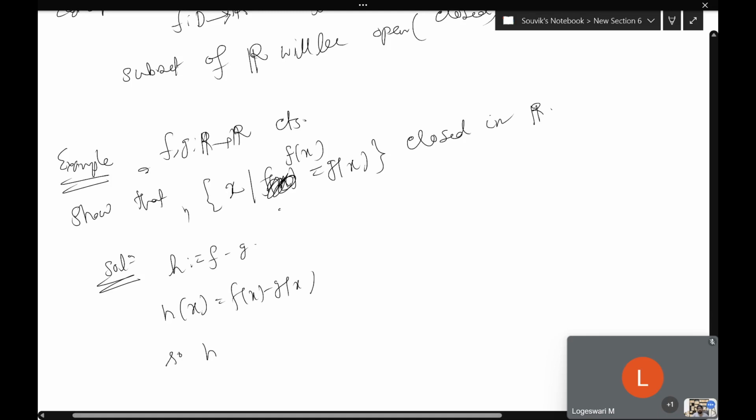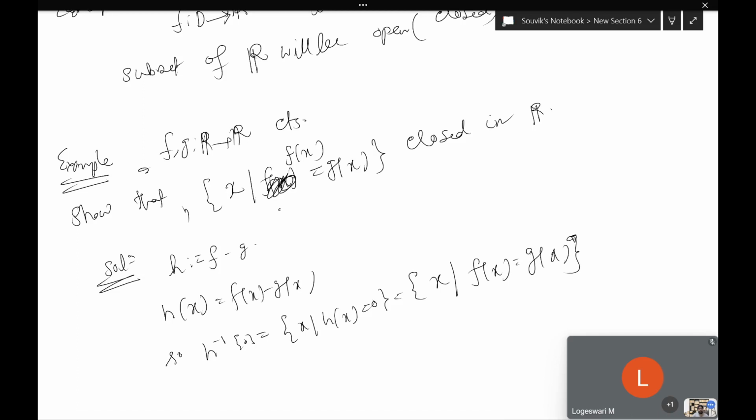So what will be h inverse of 0? h inverse of 0 is equal to all those x such that h(x) equals 0. So x such that f(x) equals g(x). Okay.